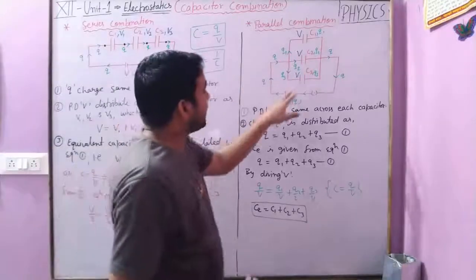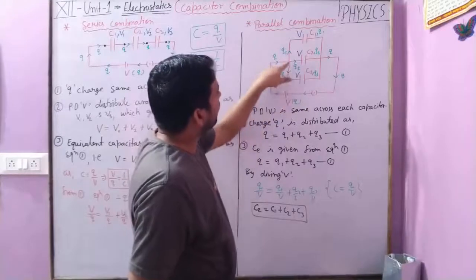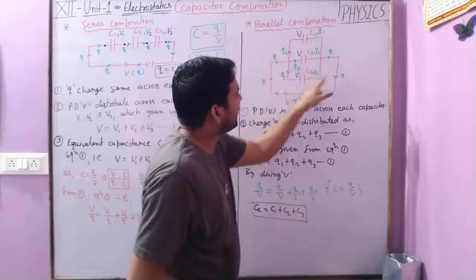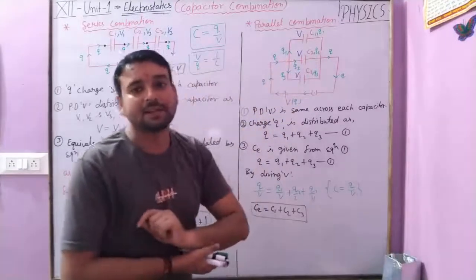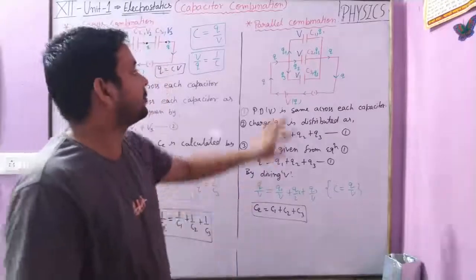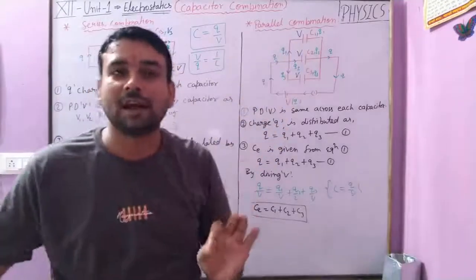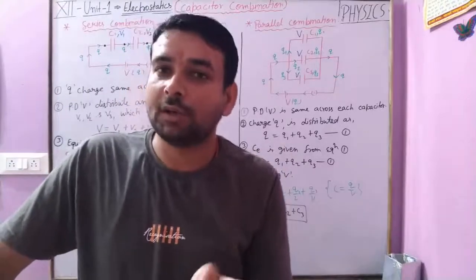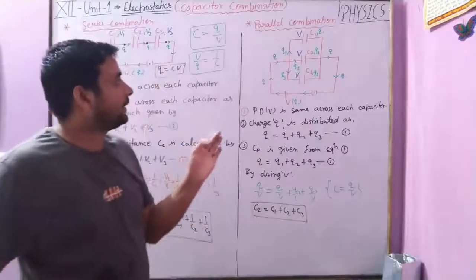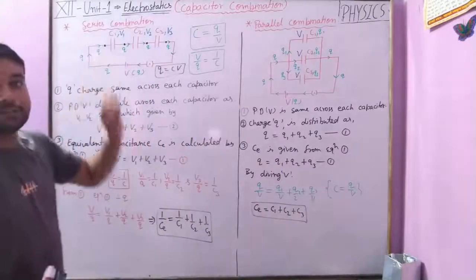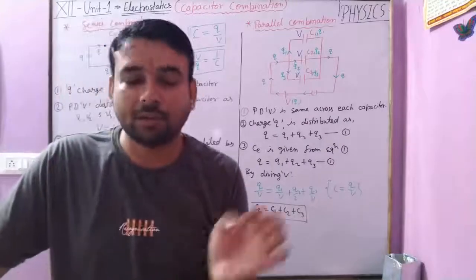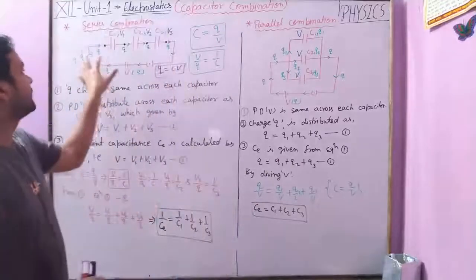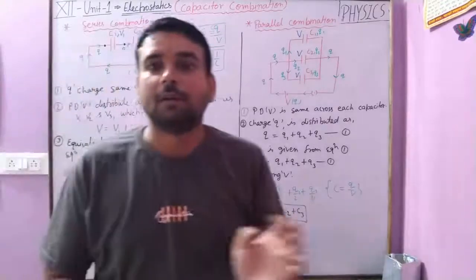In the other case, charge can move from this path as Q1, from this path as Q2 and from this path as Q3, which means charge is distributed across each capacitor. So the case in which the charge has many paths to flow in a circuit is called capacitors connected in parallel, and the case in which there is only one path for charge to flow across the circuit is called the series connection.